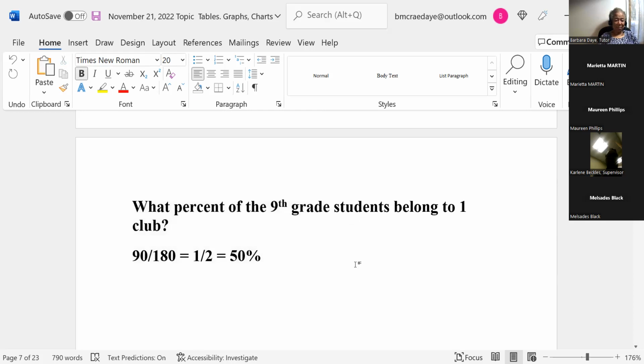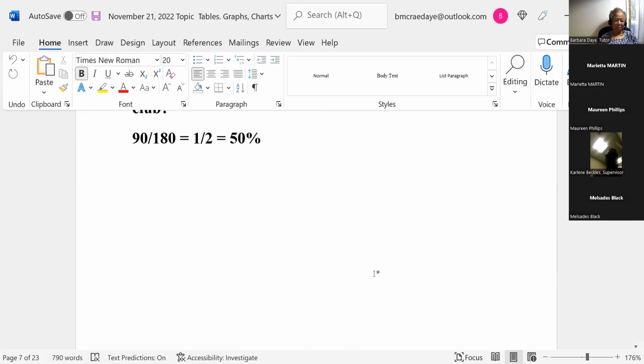If you simplify it, you say 9 and 9 is 18. Half of 18 is 9. So just like half of 180 is 90, the 90 will mean 50%. That's it. Very good. Thank you. All right. Any questions on that problem?